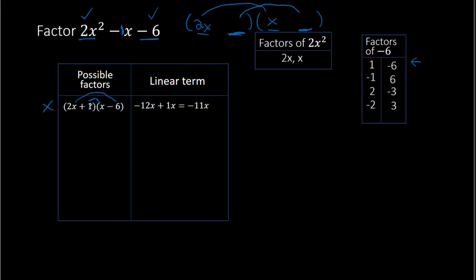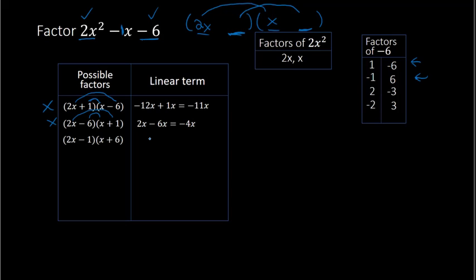Now we do need to experiment still with the same numbers, 1 and -6, but change where they're located, because it will make a difference. So instead of a 1 with the 2x, I put the -6 with the 2x. If I multiply the -6 times x and the 2x times 1, we have -6x plus 2x, which is -4x, which still does not work for that middle term. Now we can experiment with -1 and +6.